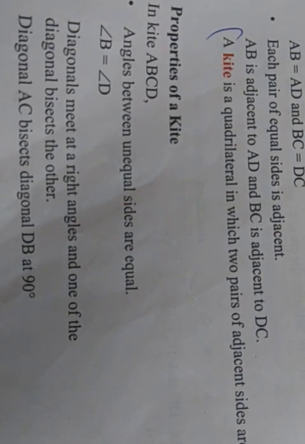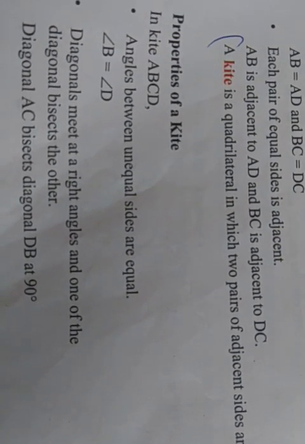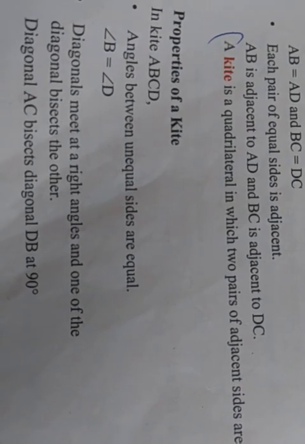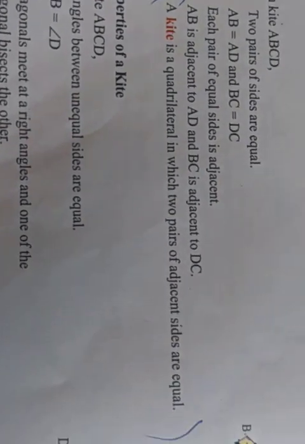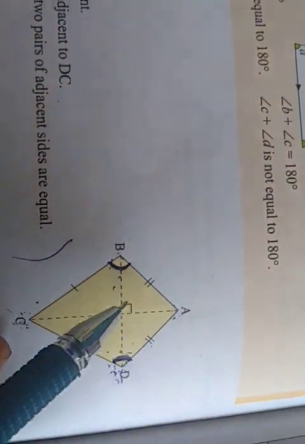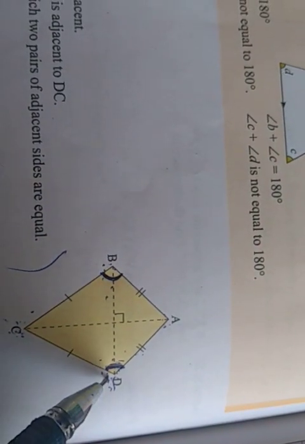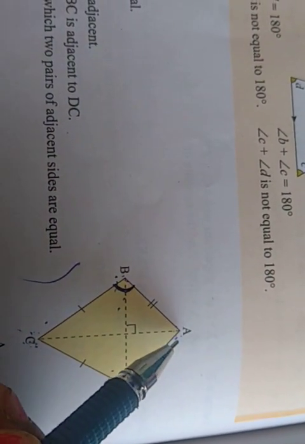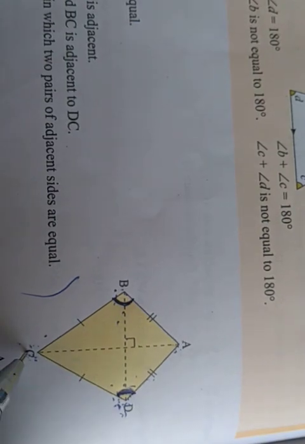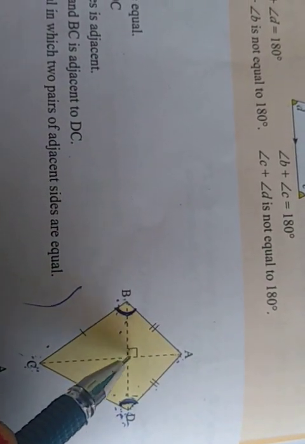Diagonal AC bisects diagonal DB at 90 degree angle. This BD diagonal is being bisected by diagonal AC at right angle.